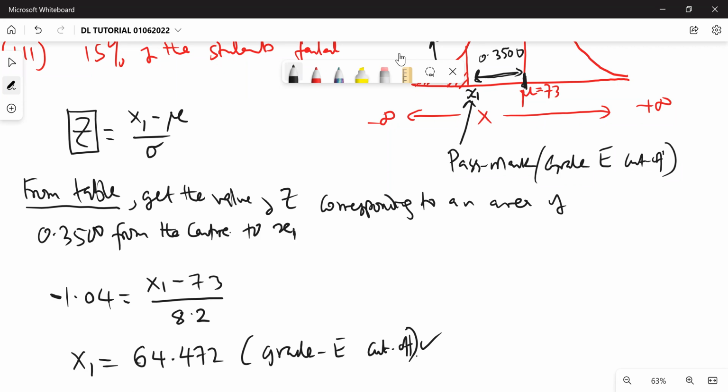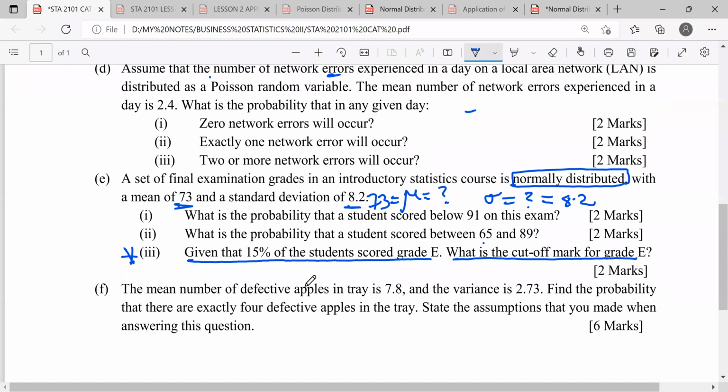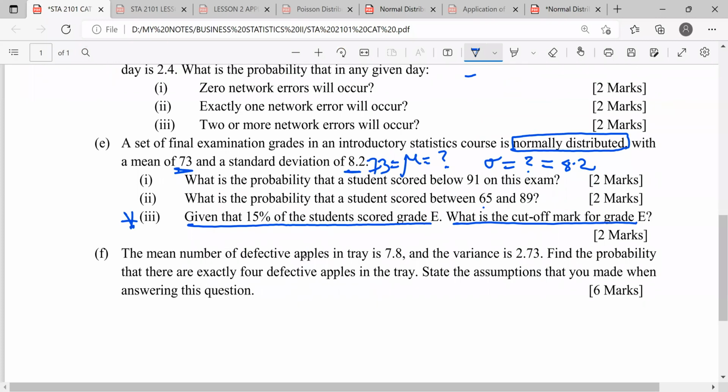I want you to try the last question here, question F. You try question F on your own. You need to read and understand. You need to recall the properties that we listed of the different distributions, but I can give you a hint.